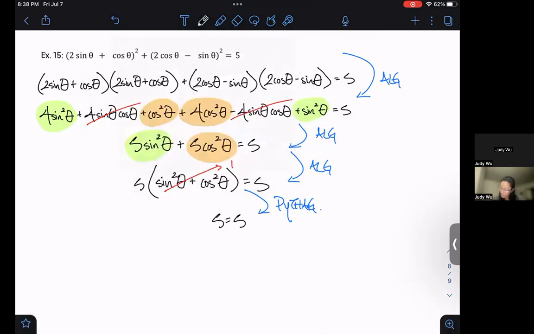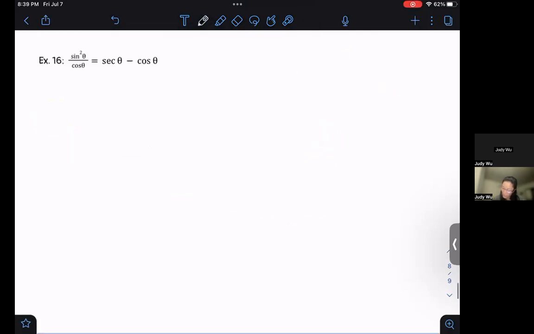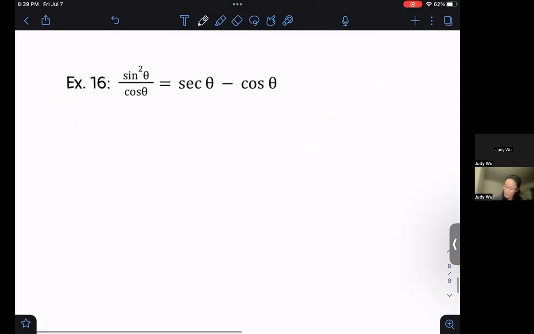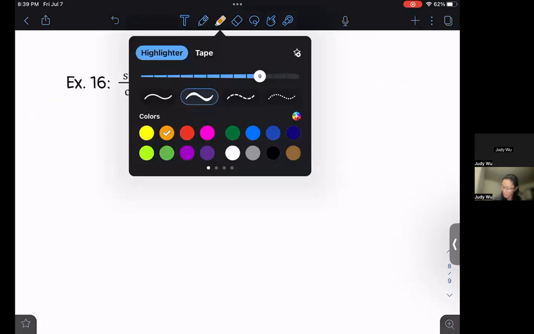All right, last example. Let's take a look at this. Okay, so I've got sine squared theta over cosine equals secant theta minus cosine. So here's what I'm going to do. I'm actually going to start with a Pythagorean identity this time.